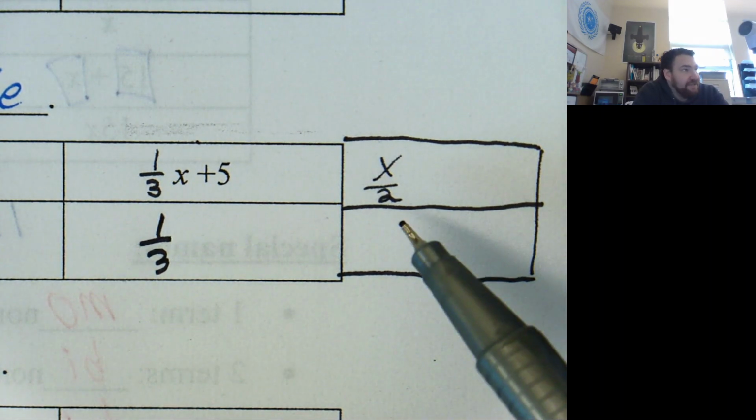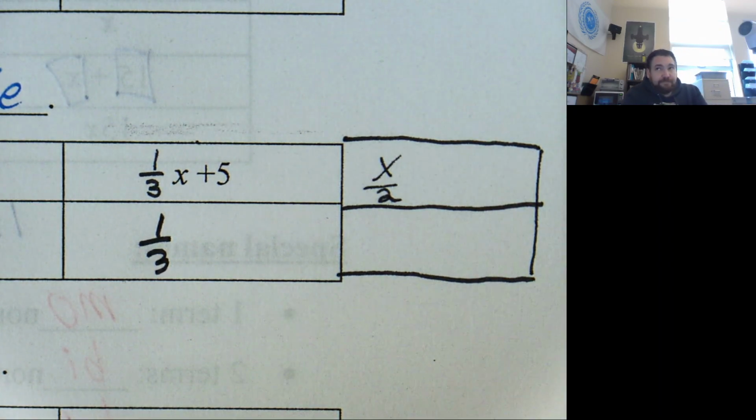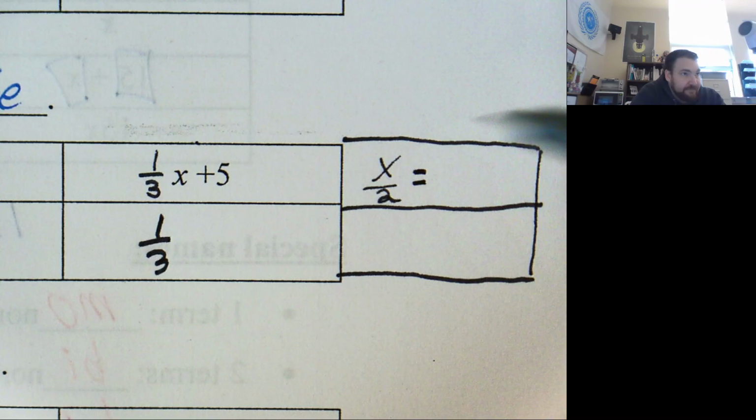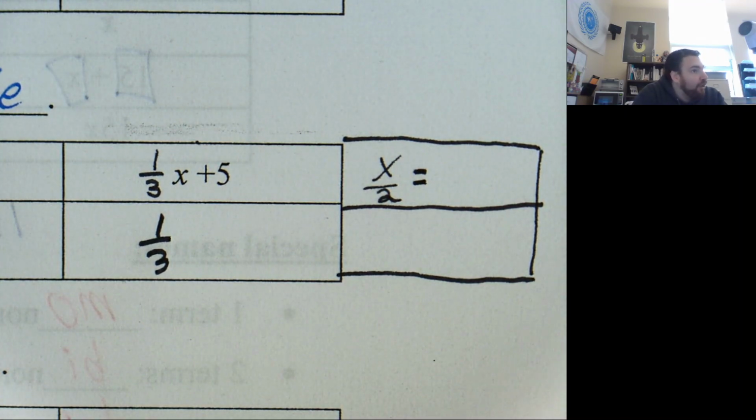And this last one, if I have something divided by a number, I have x over 2. Dividing something by 2 is the same as multiplying it by what? 0.5, or 1/2.